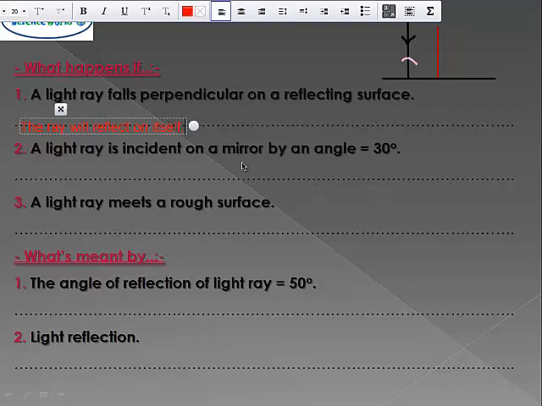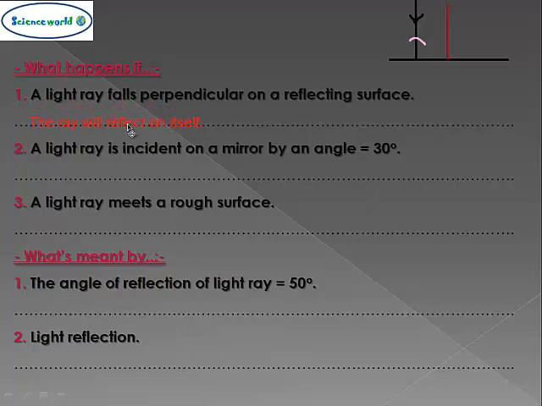Number 2. A light ray is incident on a mirror at an angle equal to 30.